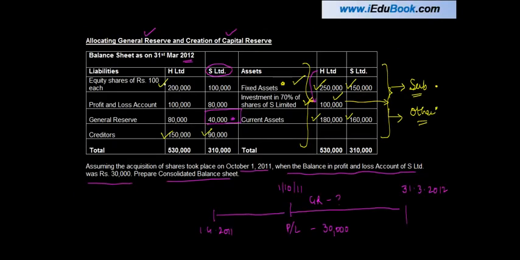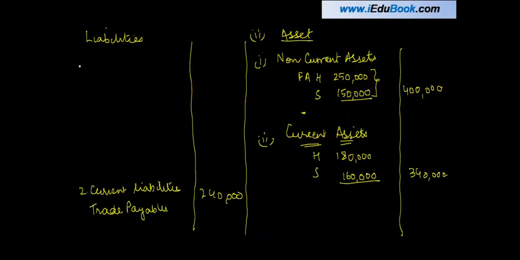Then I have equity share capital of H Limited. This is going to be disclosed as equity and liabilities will be the heading, right?